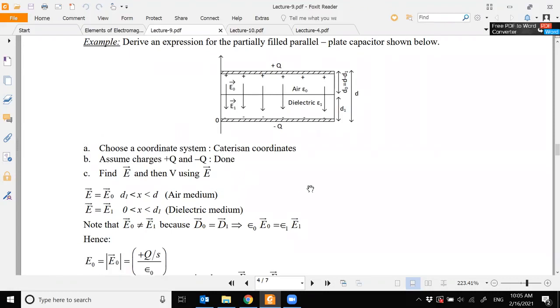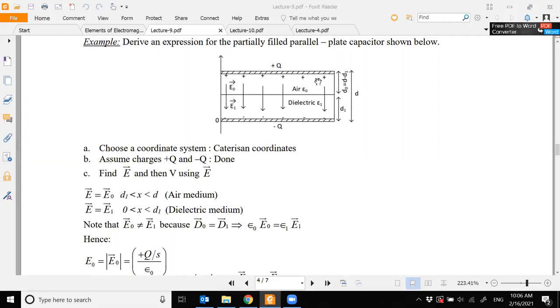Then we make sure that they satisfy the boundary condition. Here our electric field is only in the x direction. So which kind of boundary condition will be applicable here?